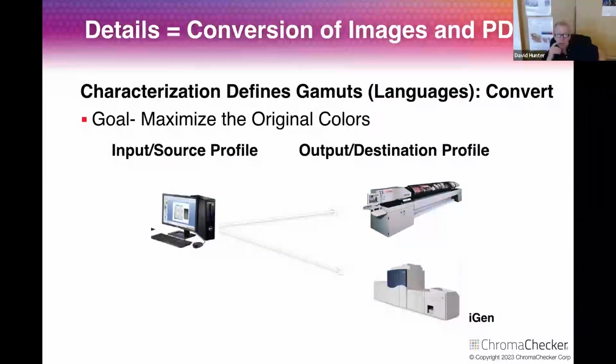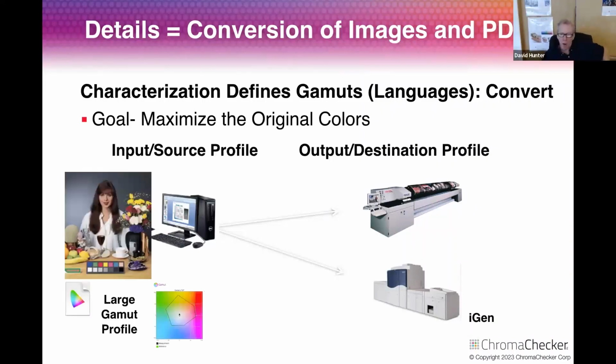So when we talk about the details of a conversion for PDFs, again, in this scenario, we're going to say the goal is to maximize the gamut. And to maximize the gamut, we need to first define what is the input profile or source of the image. And for this, you want to define a large gamut CMYK profile.